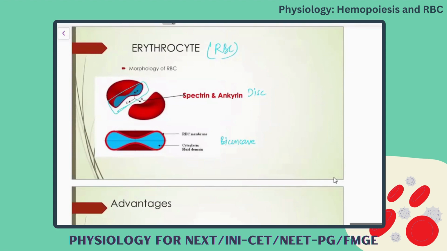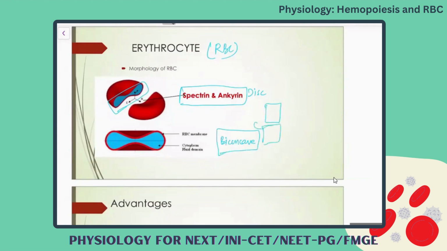This biconcave shape is maintained by two specific proteins called spectrin and ankyrin. These are the two specific proteins present in the RBC to maintain its biconcave shape.